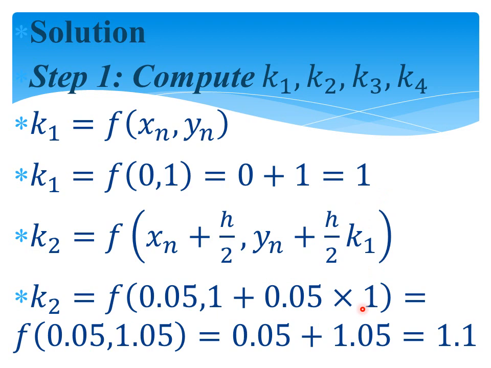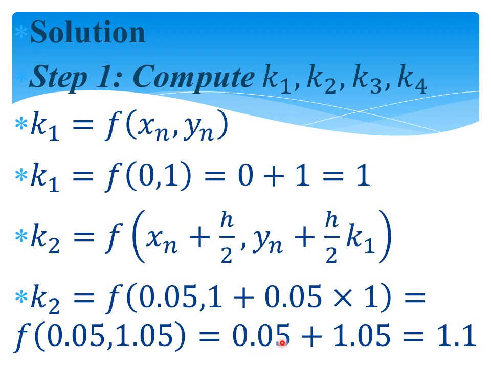Now first we simplify. 0.05 multiplied by 1, then we add 1, and we get 1.05. This is the value of x and the value of y.